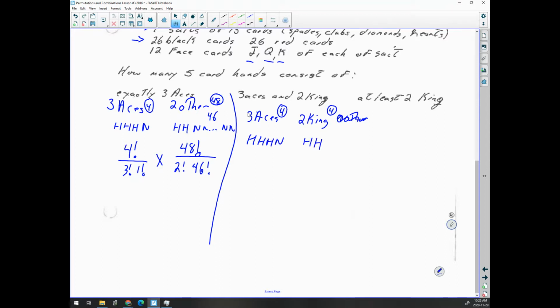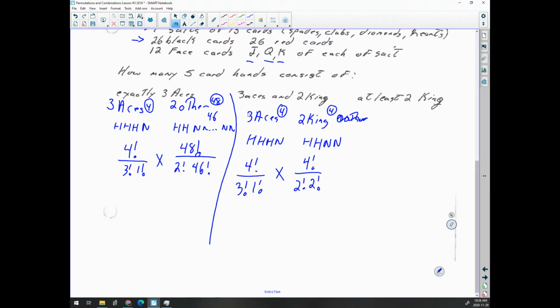So our 3 aces stays the same as before. And then our 2 kings in the hand, 2 that are not. So we have 4 factorial over 3 factorial, 1 factorial times 4 factorial over 2 factorial, 2 factorial. And this gives you an idea why a full house is ranked higher in poker than 3 of a kind.